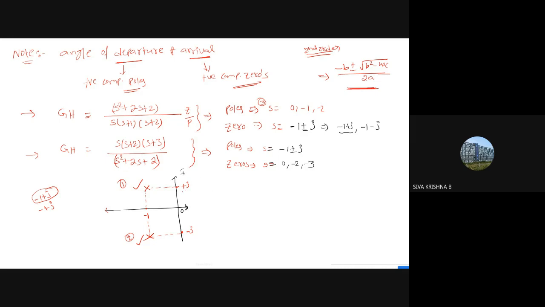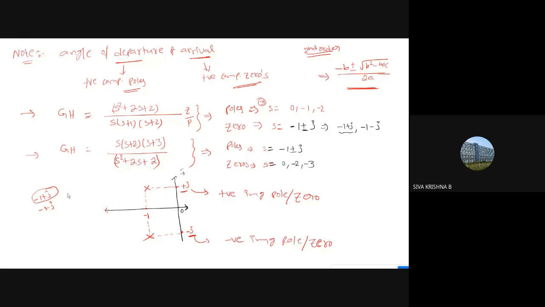That means the positive imaginary pole or zero. The one written below, -1 minus j, is the negative imaginary pole or zero. Okay? This is the main thing. In the upcoming procedures, just remember which one is positive and which one is negative. With this we can find the angle of departure and angle of arrival. This is a simple thing. Okay?